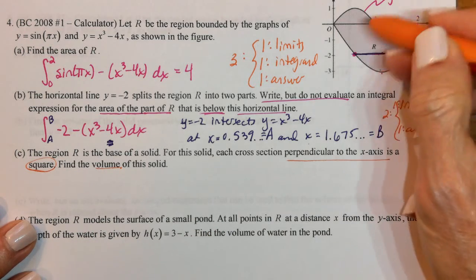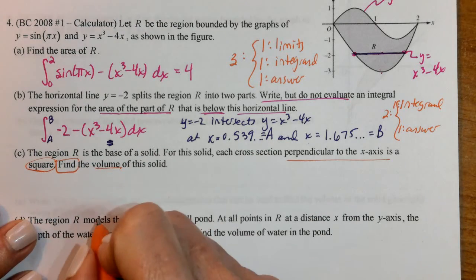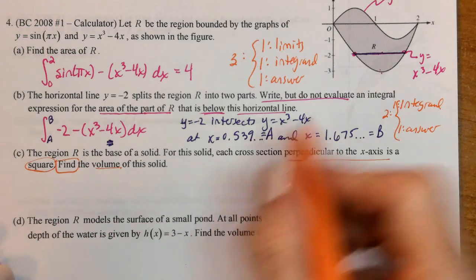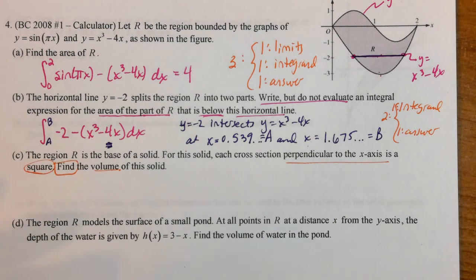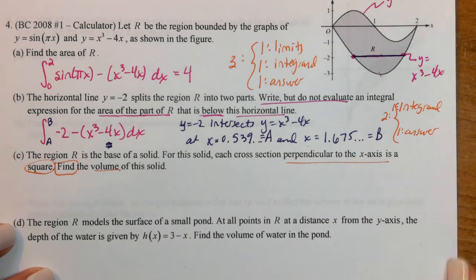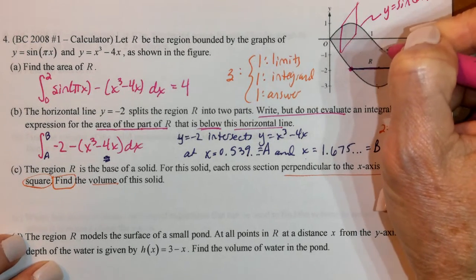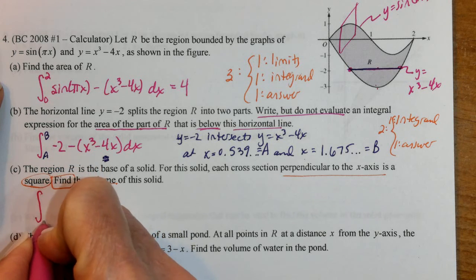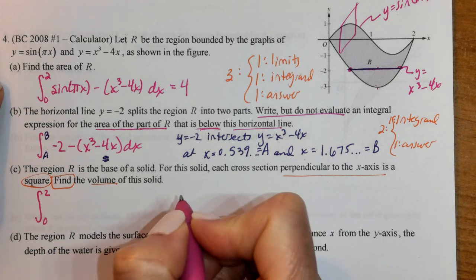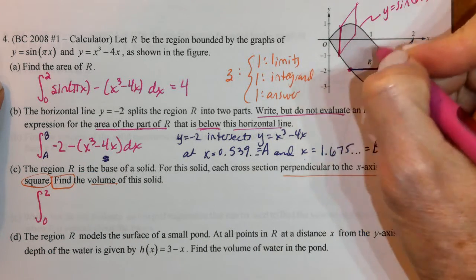So we're back to the whole region R, and this time we actually will put it into our calculator. So here's my thought. Volume is the integral of area. And in this case, each cross-section is a square coming up out of that page, right? So my volume will be the integral from 0 to 2 of the area, which is side squared.